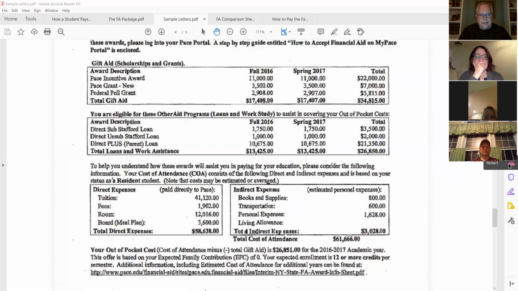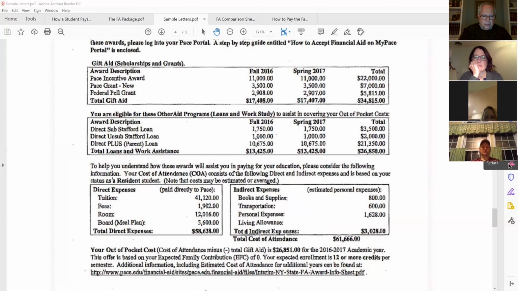Subsidized means it's need driven, and the government pays interest on that loan for the student while they're in school. Unsubsidized means it's non-need driven, and the student is responsible for paying interest while in school.